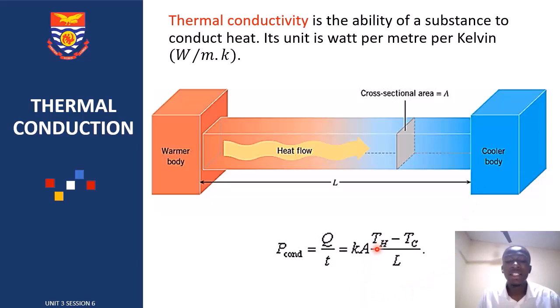Th and Tc are the temperatures of the hot and the cold sides. A is the cross-sectional area through which the heat is flowing, and k is the thermal conductivity. P is the power, and Q is the energy transferred in time t. So with this relation, you can calculate any of these quantities, for example the thermal conductivity when it is made the subject.